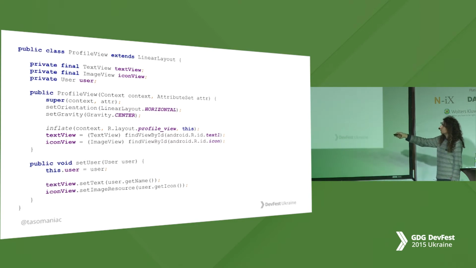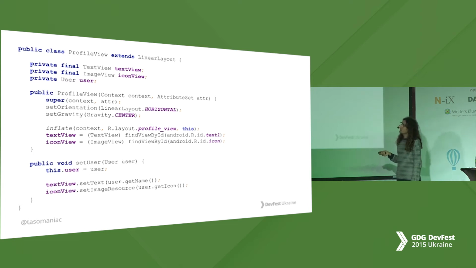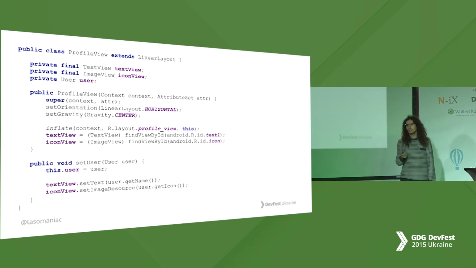And when we set the user, we will automatically set the text and the image of the view. So we also have a slight difference and optimization in this layout.